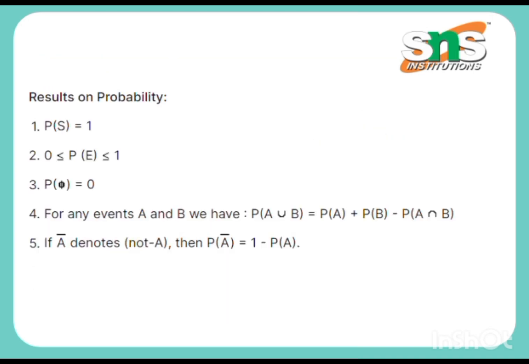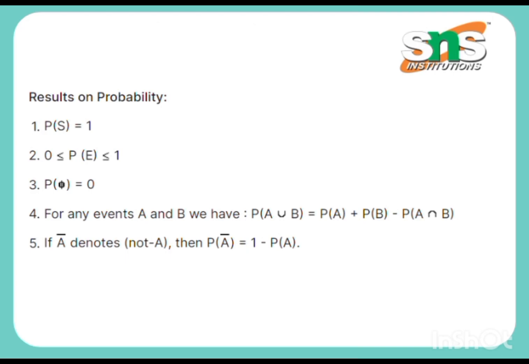In the next slide, we will see the results in probability which will support you in solving the problems. The probability of the sample space will always be equal to 1. That is the first result. The second result is 0 is less than or equal to the probability of an event, which is less than or equal to 1.